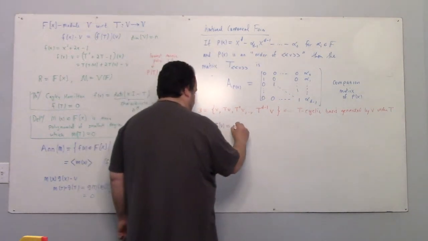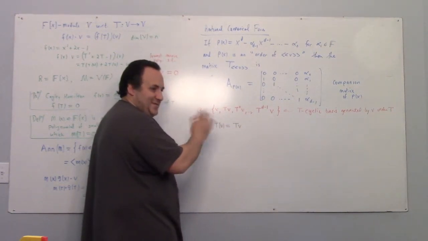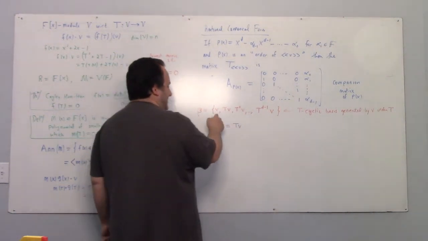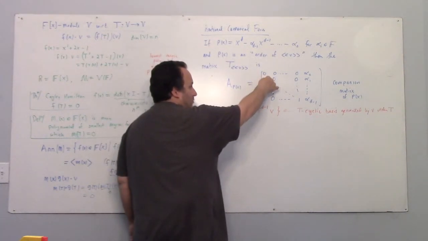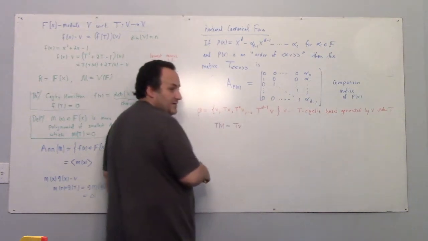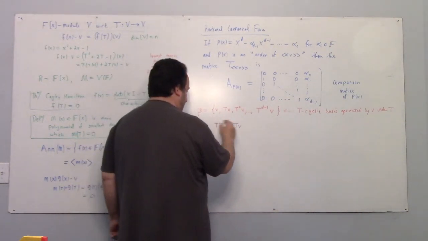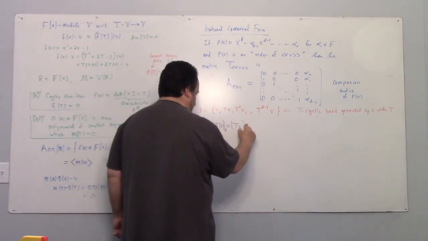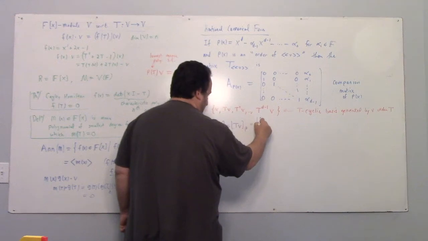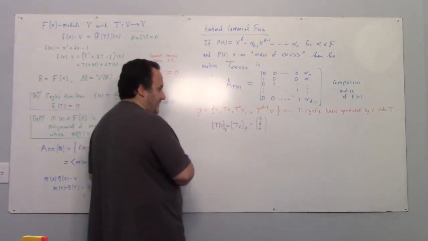Tv, right? Yeah. The point is that that's the second basis element, right? That's why we have 0, 1, 0, 0, 0, 0. So if we look at the coordinate vector of this with respect to the beta basis, what do we got? 0, 1, 0, right? And this goes on, right?